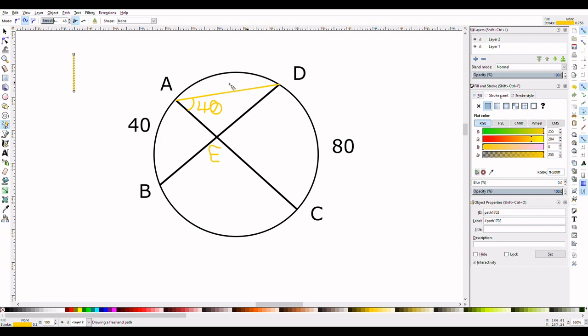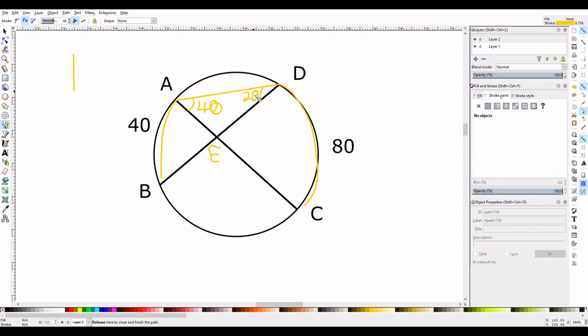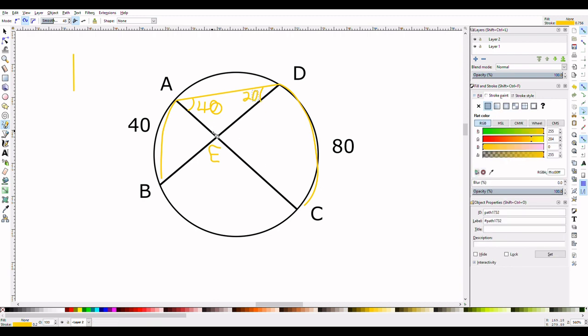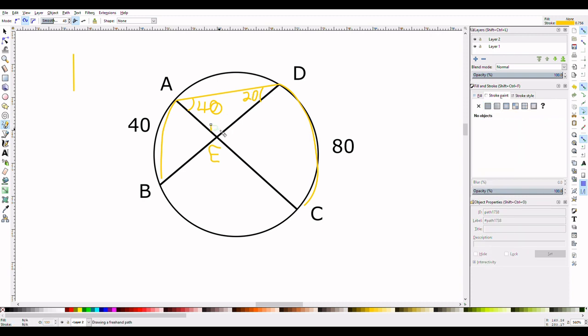We're supposed to find AEB. Does this help us at all? And we know ADB because it also inscribes this arc. So we have an arc inscribed here, and an arc here. This arc gives us 40, this arc will give us 20, and this arc will give us the remainder, 60, that's total 180, so this is 120.